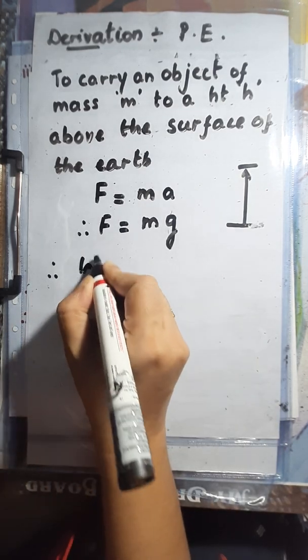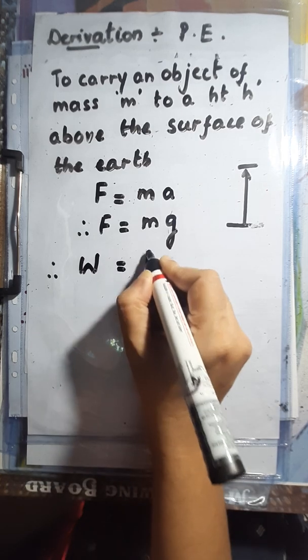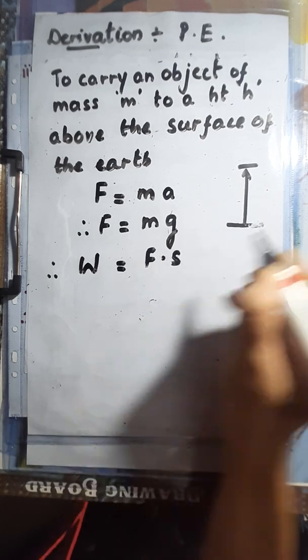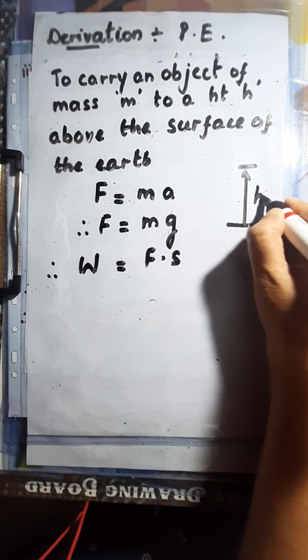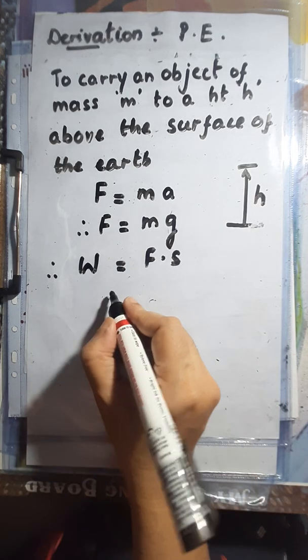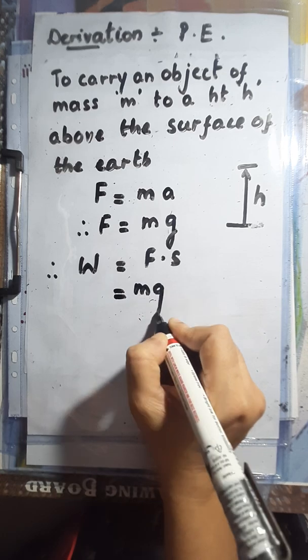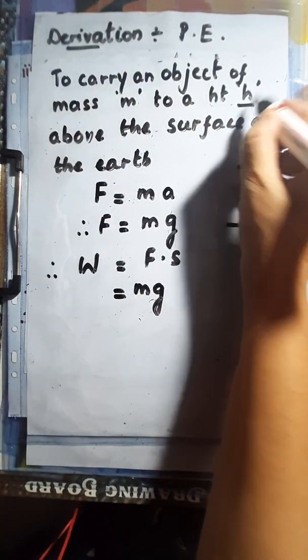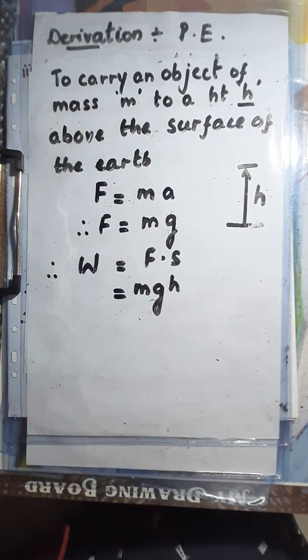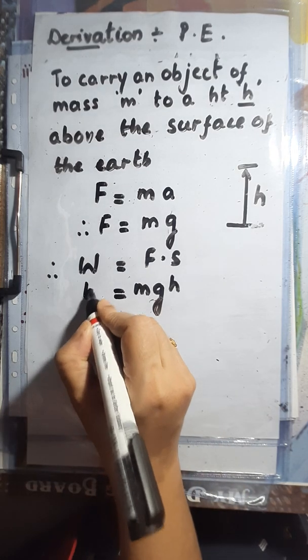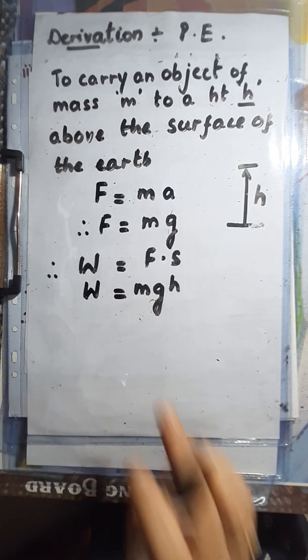Now, as usual, work is equal to F dot S. Now we are lifting the body to a height h. Force is m into g, height h above the surface of the earth. So work done is equal to mgh.